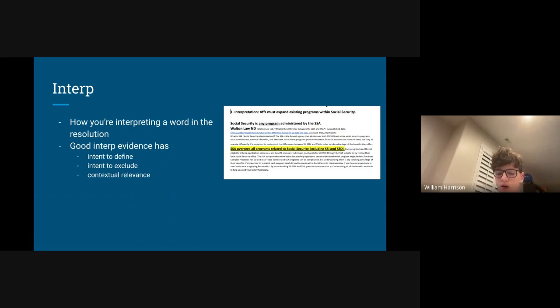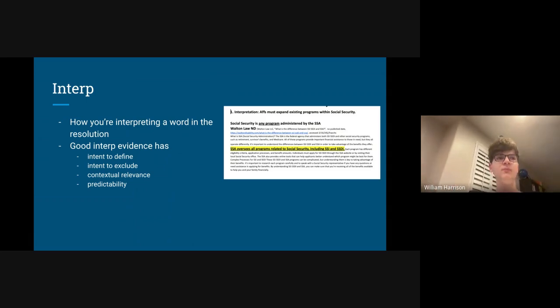Contextual relevance. If it's defining a term of art or a term that takes on different meanings in different contexts, your definition ought to be from the context that you are debating about. Otherwise, it's unpredictable. Predictability. Well, I'm really good at telling the future here. Predictability means that your interpretation isn't just out of left field.